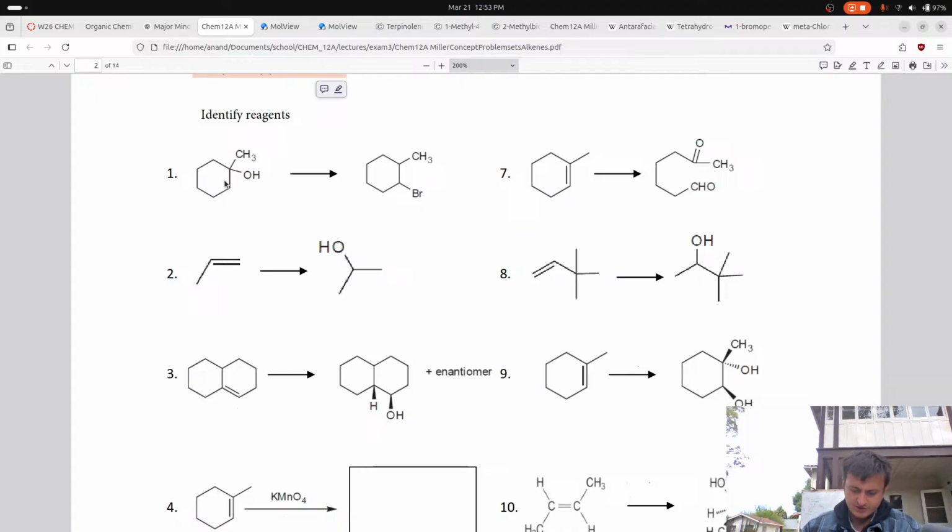So let's say we added NaOH. Then we have an H here and an H here. The OH comes in, grabs this proton, forms an alkene, and kicks off the other OH. So step one is add NaOH. Then we have an alkene.